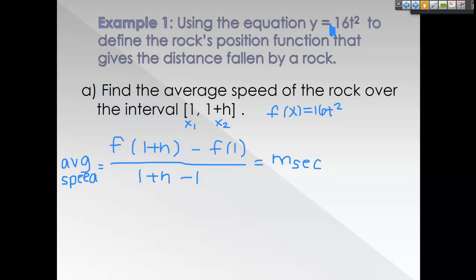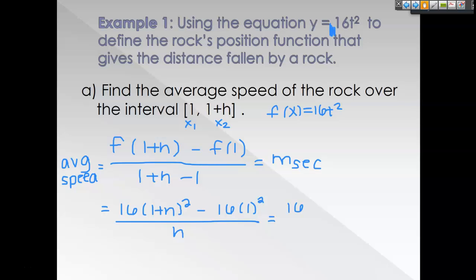So plug 1 plus h in, so you get 16 times (1 plus h) squared minus 16 times 1 squared all over, well, 1 plus h minus 1 is really just h. I'm just showing exactly where everything comes from.